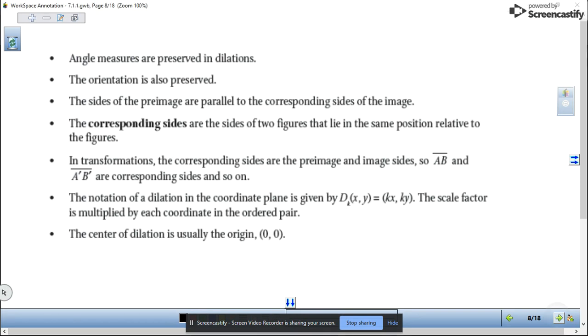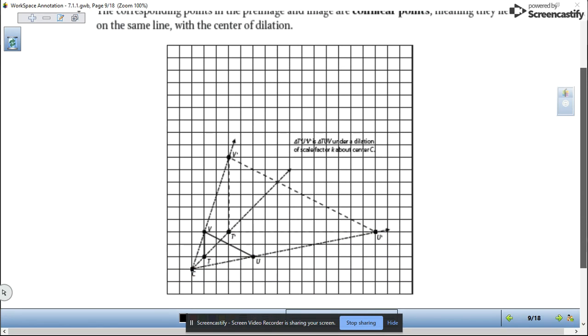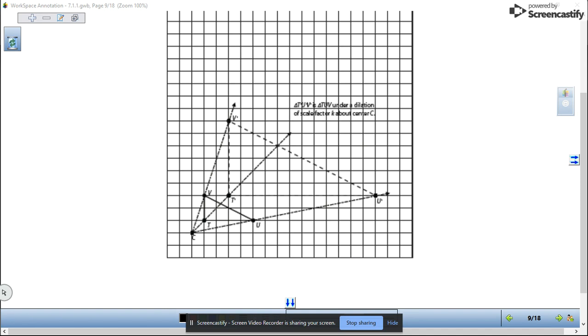All right, I'm going to stop that video there. Well, let me show you this real quick. Here's an example of dilating around this center point, and we're dilating V, U, and T. These points are the original pre-image. So we go from T to T prime. Up one, right one.